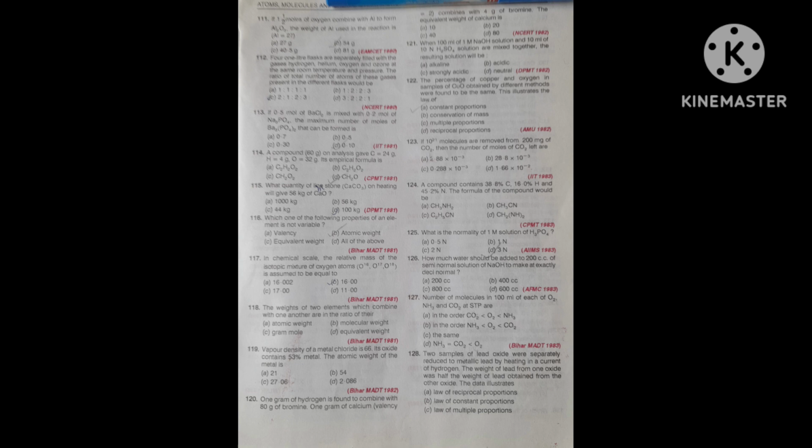Now 10 ml of 10N H2SO4 means what? 10 into 10, 100. 100 N H2SO4. Correct? N1V1 is equal to N2V2. That concept you have to use. Then 10 ml of 10 N H2SO4 means 100 N H2SO4.